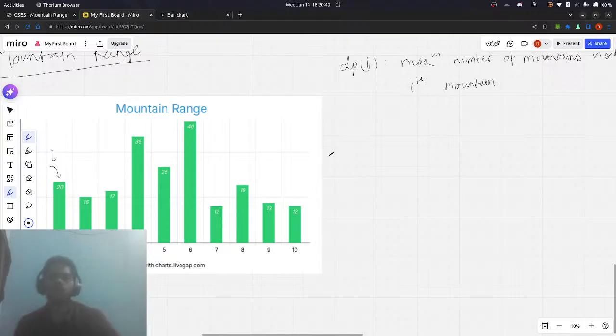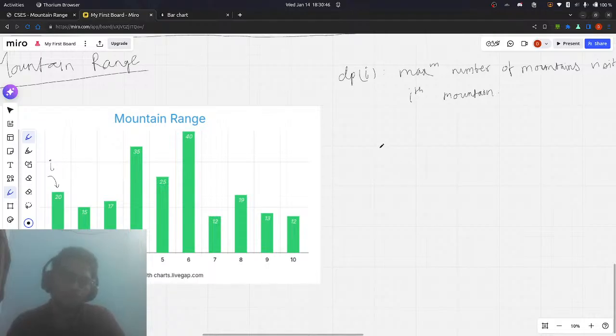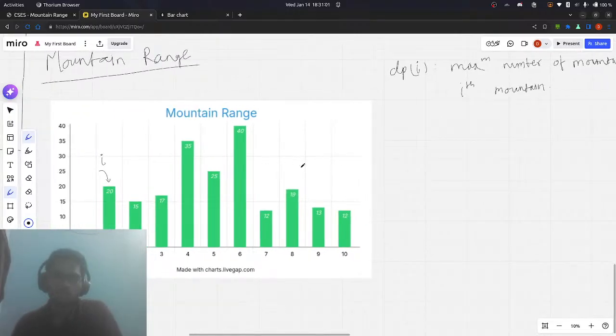Or if not this, then we can also try to do it in reverse, but let me explain what the approach is basically for n square. If we are at the ith mountain, then we can check in the left and right, this part and this part, which is the maximum height mountain.